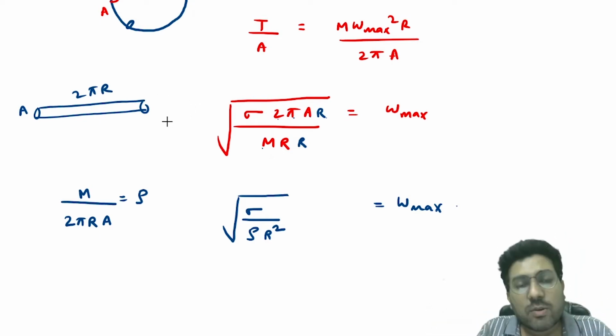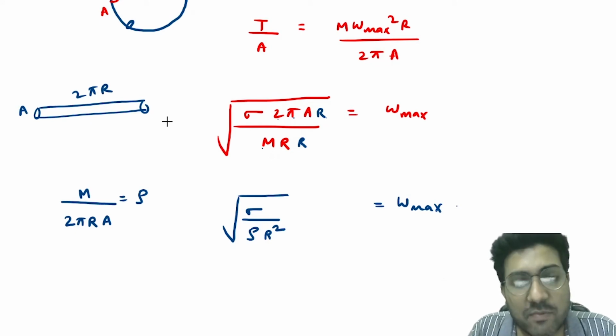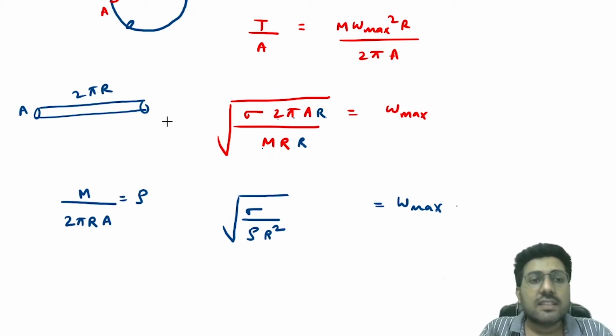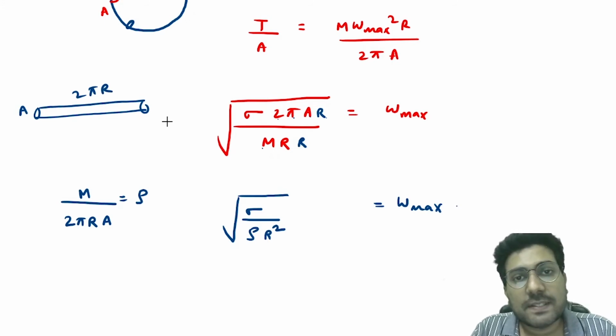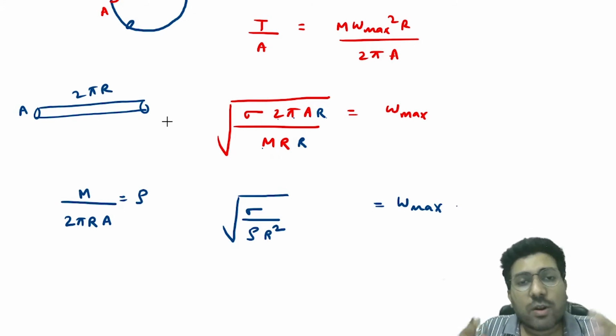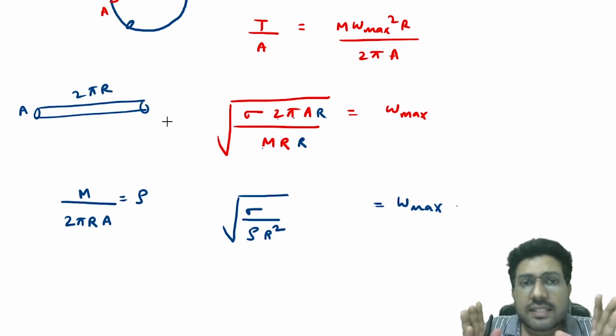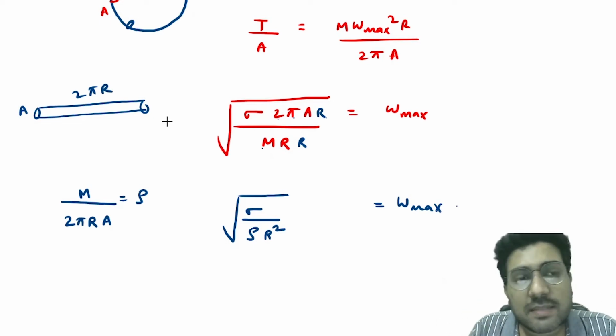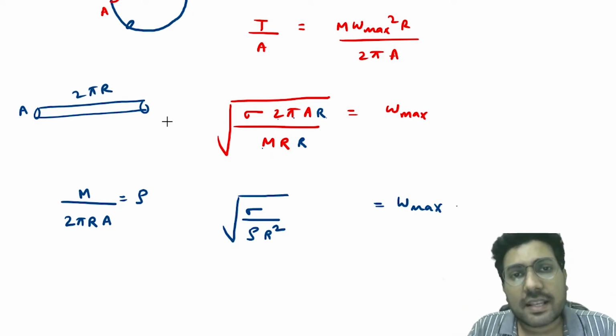If you give an angular velocity which is more than the maximum, in that case the ring will break. So the angular velocity can be only up to that much, so that it is not crossing the maximum stress that the ring can take.